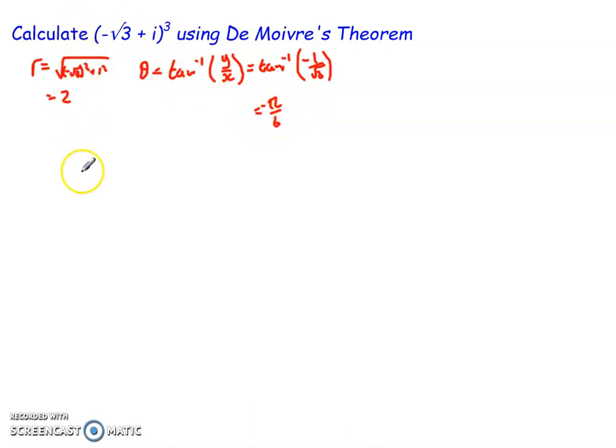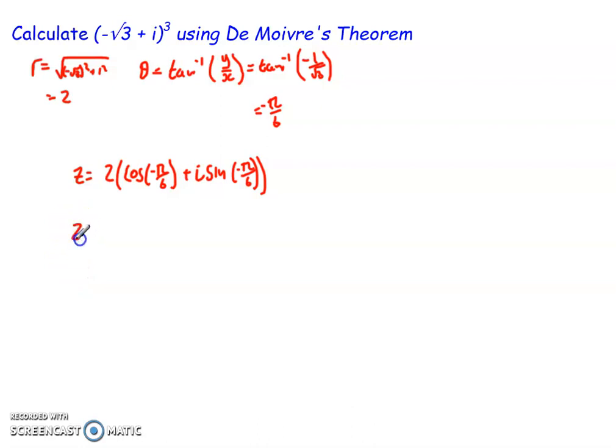I can then substitute it in. So I know that z is equal to 2 bracket cos of negative pi over 6 plus i sin negative pi over 6. Now at this stage you'd maybe be tempted to turn this into minus i sin pi over 6 to get rid of the negative. Keep it in there just now until you've done the z to the power, then have a look, because it may change it ever so slightly and you might have to adjust the limits from that.